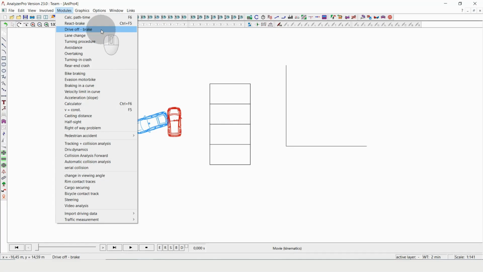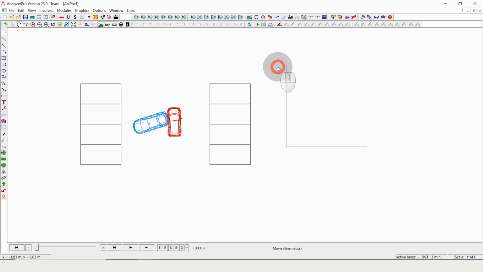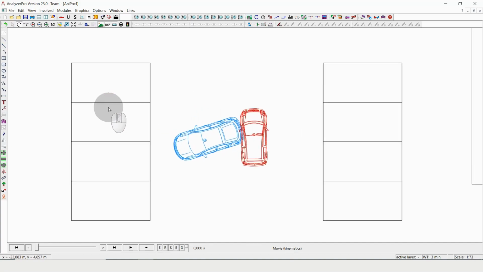It's a kinematics module that you usually take when you know a total distance for a certain driving and braking behavior, but actually don't know how and where the acceleration happened, where the vehicle stopped and where it reacted and so on. So let's have a look at this quite typical example here.